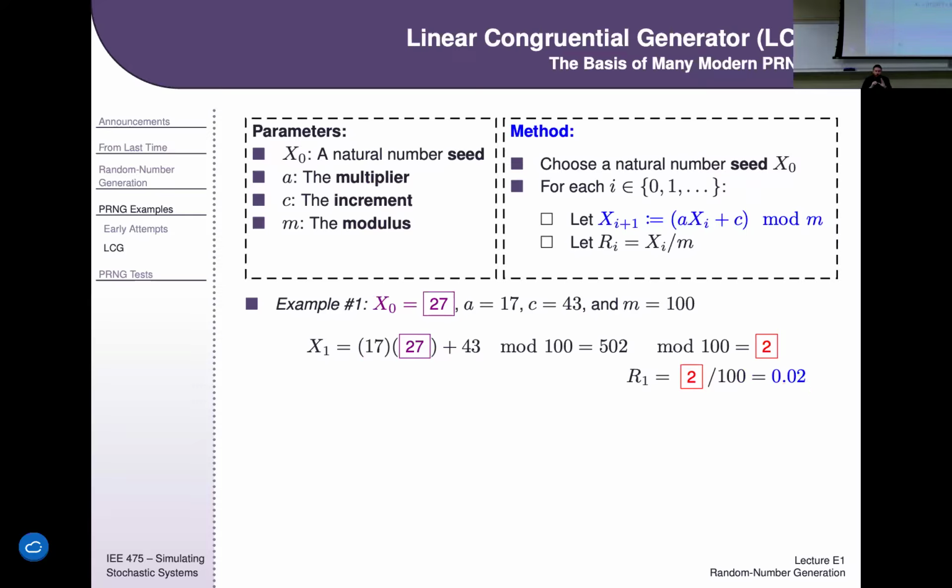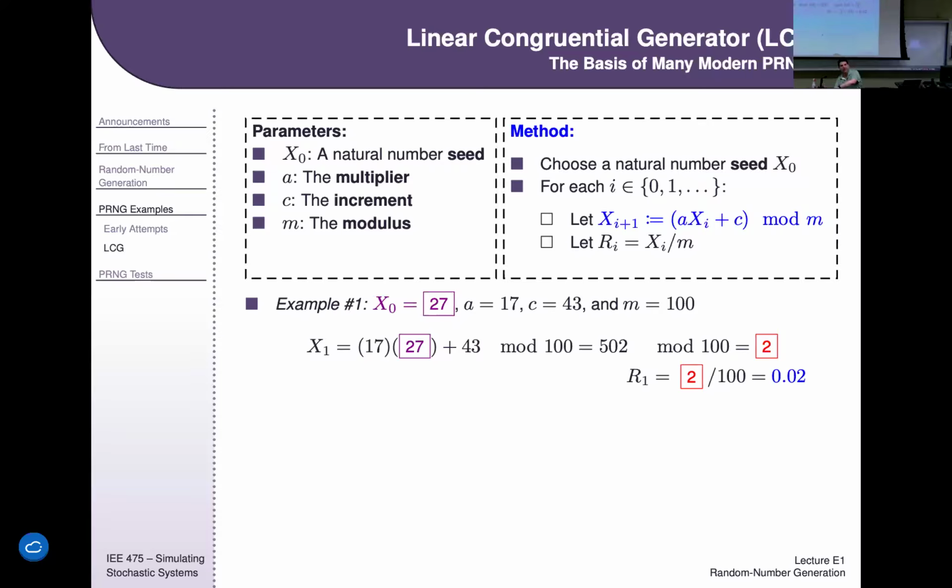I want to emphasize this because it comes up in the midterms sometimes. You don't use the seed as your first random number. The seed was x0, but I used x1, which was a function of the seed, to generate my first random number. So the first random number comes after you run the iteration through once.